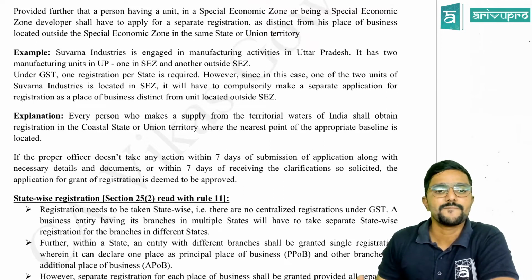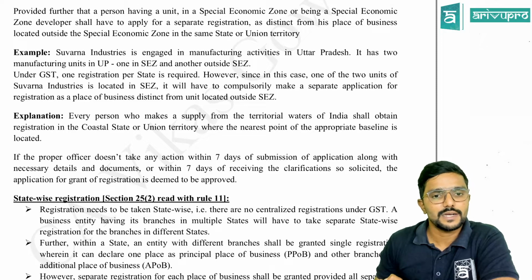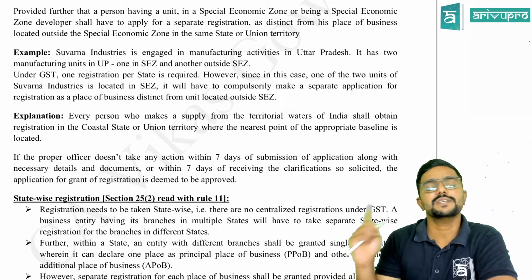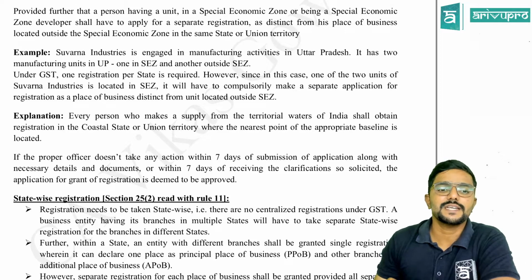Example, Suvarna Industries is engaged in manufacturing activities in Uttar Pradesh. It has 2 manufacturing units, one in SEZ and another outside SEZ. So they have two branches in Uttar Pradesh only. One is in SEZ, the other one is outside the SEZ. Under GST, one registration per state is required.